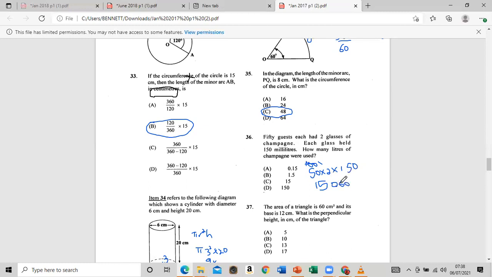So we know that 1,000 milliliters is equal to 1 liter. So we just divide this by 1,000. We did this in Grade 7, Grade 6 too. So that's 15 liters.